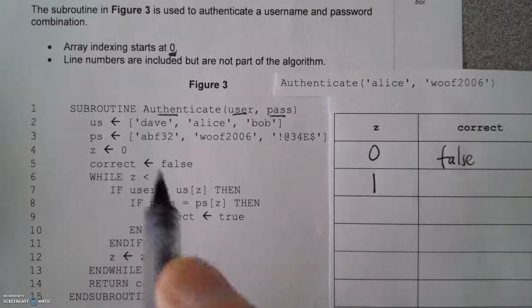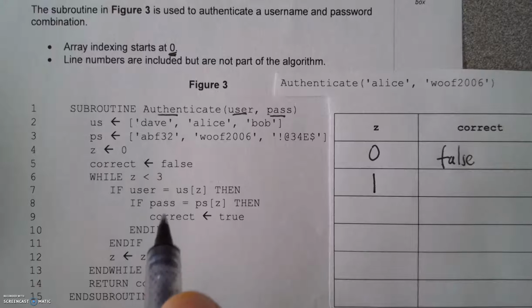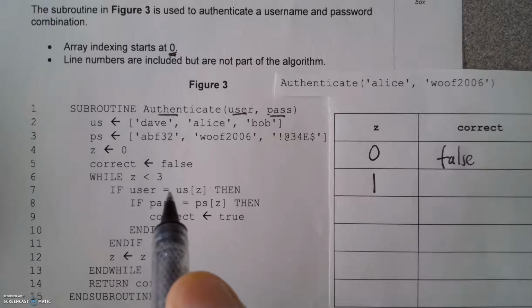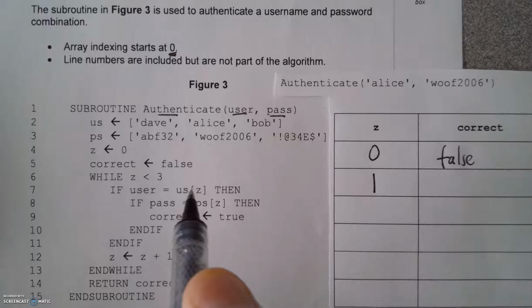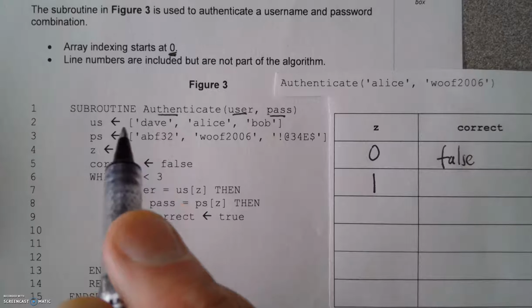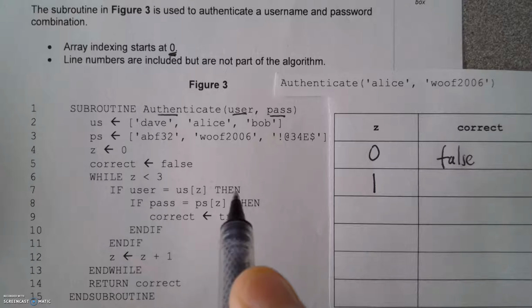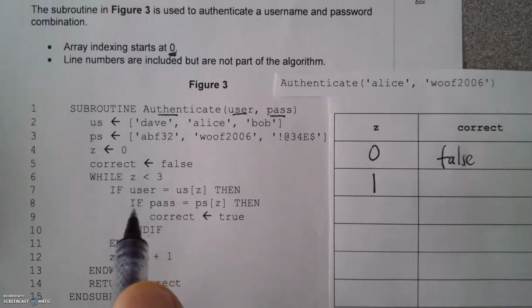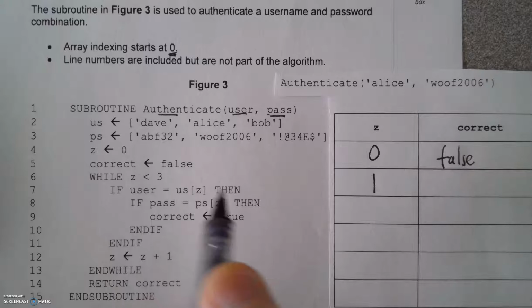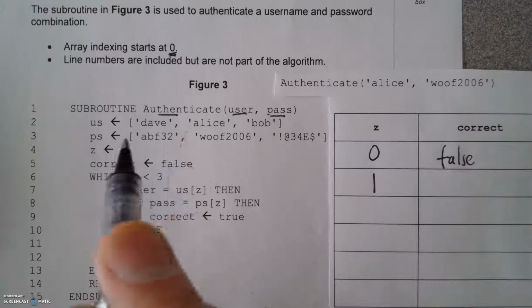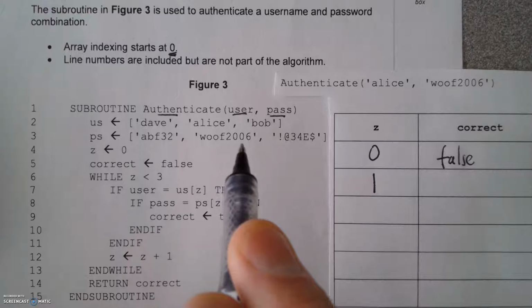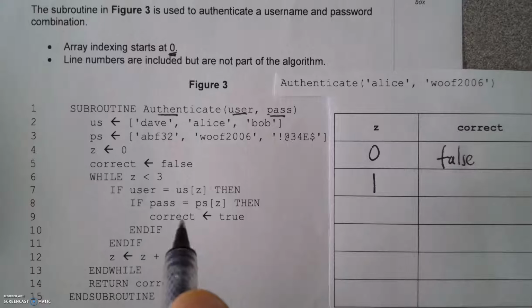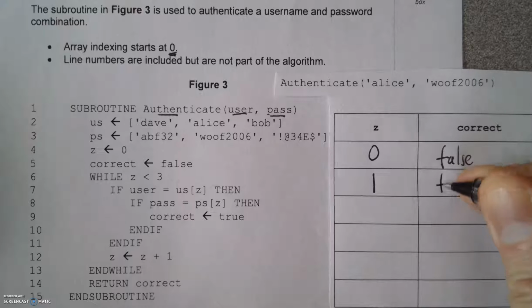Okay, while z is less than 3, yes it is. If user equals US[z], user was Alice, z is now 1, so it's now Alice, yes, that's correct. Then, nested if, pass equals PS[z], z is 1, with 2006, yes, then correct equals true, so I can write true there.